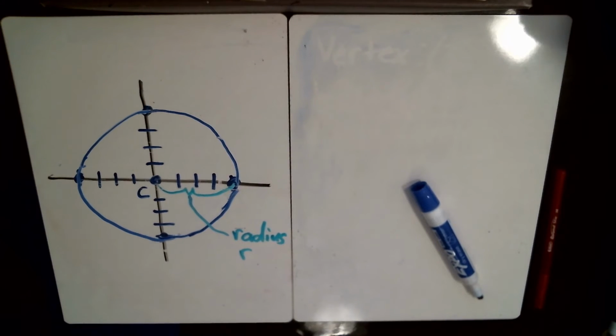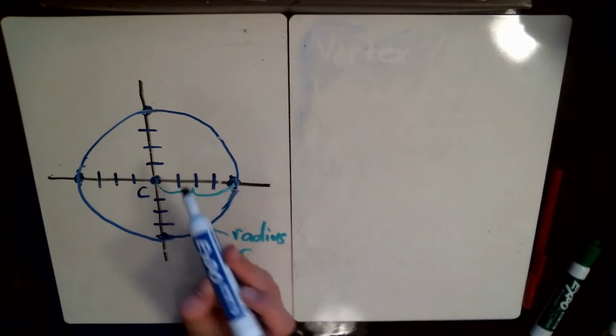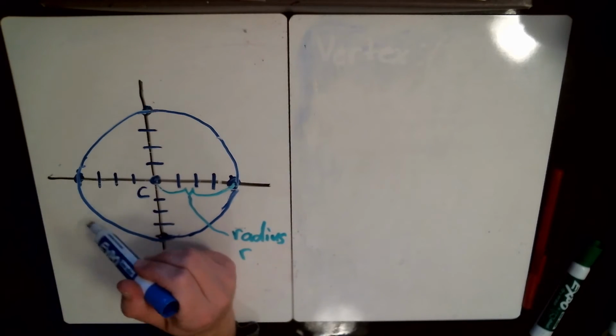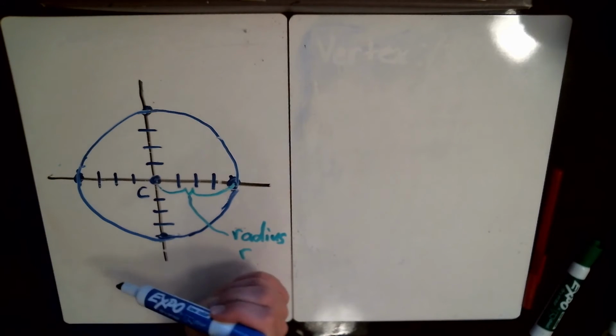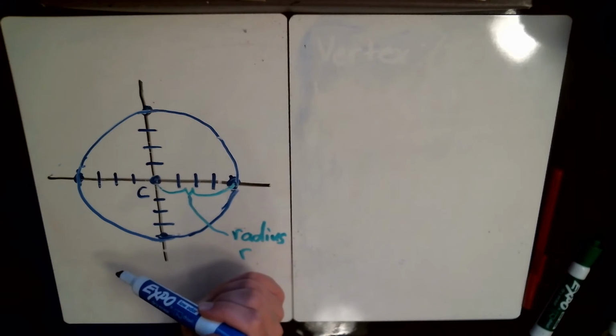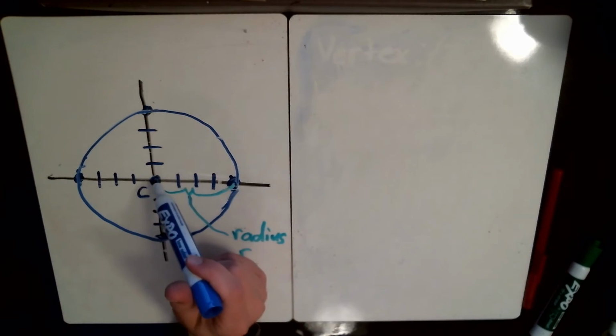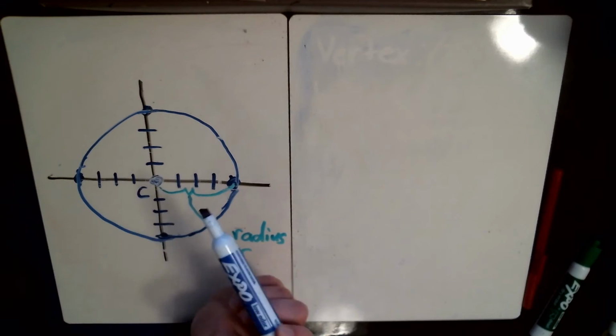So what can I do with this circle here? What kinds of things can I do with this? Well, for one thing, it would be really nice if we could write an equation that would give us all the points along this circle, so that I don't have to write out in words, "I want a circle of radius 4 centered at (0, 0)," every time I want to draw a circle.